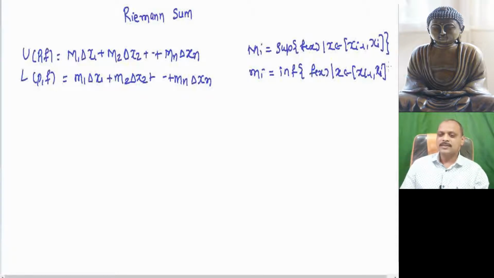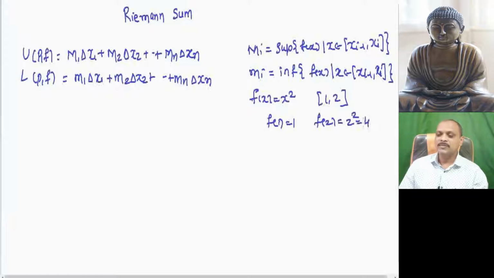Let us take an example. I have already mentioned this, but here we will see the difference between the upper sum, lower sum and a Riemann sum. Suppose our function is f of x equal to x square and the interval is 1 to 2. Then f of 1 equals 1 square, that is 1, f of 2 equals 2 square, that is 4, and all the values of f of x lie between 1 and 4.